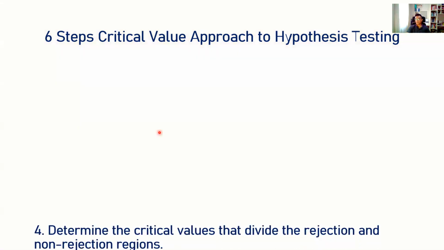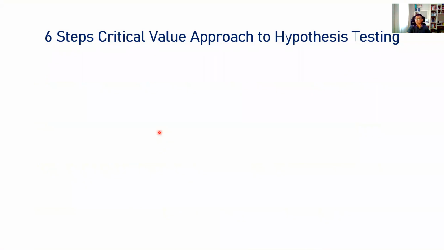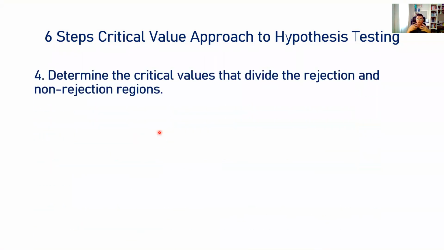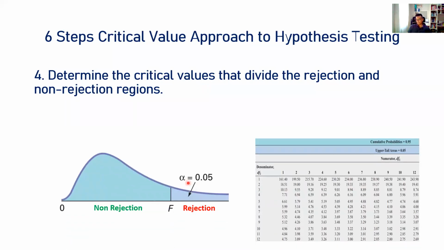In all hypothesis testing that we learned, the principle is to calculate the test statistics and compare it to the critical value, and see whether the calculated test statistic lies within the region of rejection or non-rejection. The same applies here in ANOVA. The fourth step is to determine the critical values that divide the rejection and non-rejection regions. In ANOVA we use the F table.